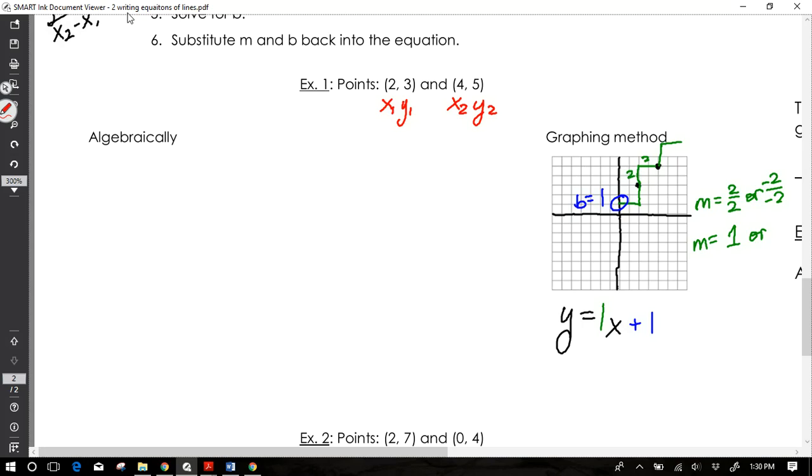Step 2 is to write down y equals mx plus b. So here's my step 2. Step 3 is to use the slope formula to find m. So I'm going to do that right here.